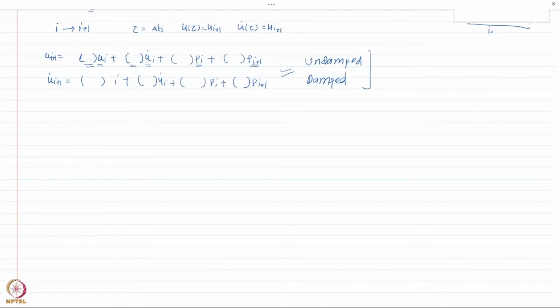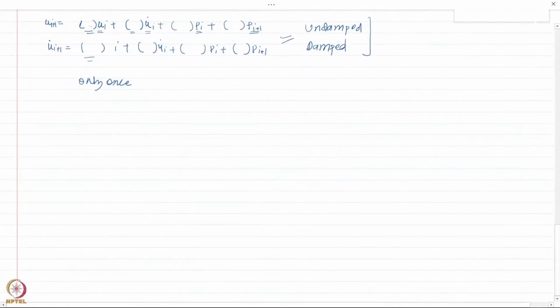So these constants need to be calculated only once, at the beginning when the motion starts, with the initial condition that is given to us.